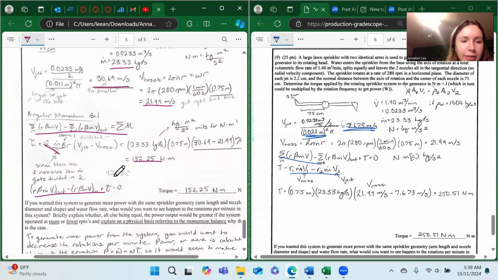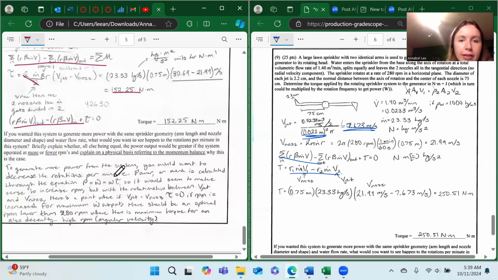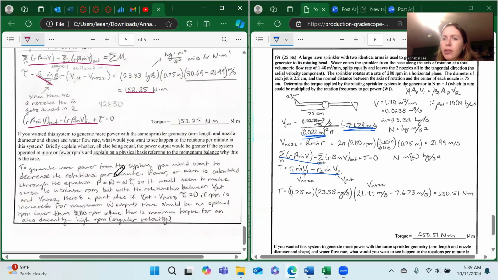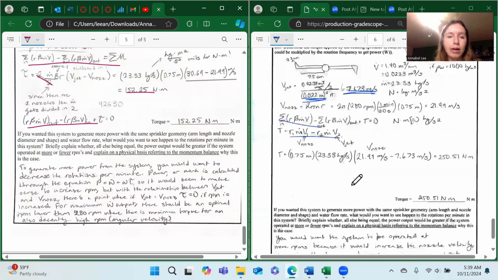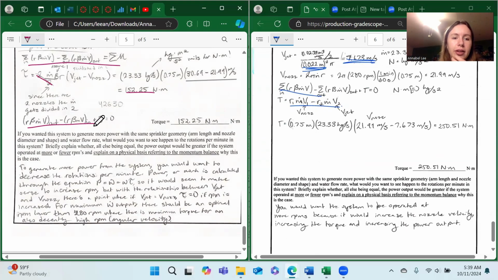I just immediately converted it. And then, yeah, if you wanted to generate more power from this system, you would actually want to decrease the rotations per minute, which is a little bit weird. But power is calculated through the equation angular velocity, omega, times the torque. So you would think it makes sense to increase the RPM, because if you increase omega, it's going to get bigger.